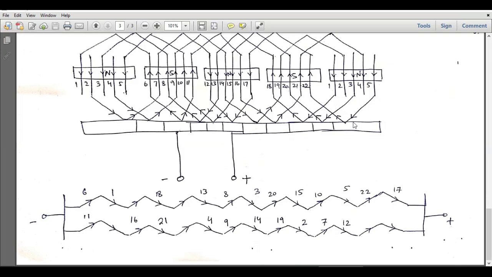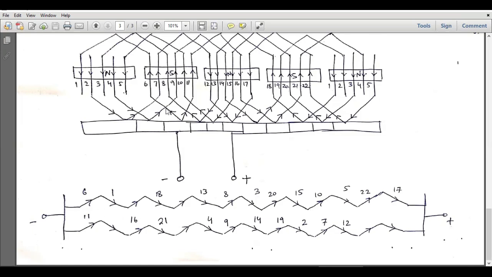Similarly, all these segments are also dummy segments, but only these are the two segments where we can see the net flow of current either into or out of the segment. So from negative to positive terminal, we can consider the number of parallel paths and we can check all the conductors and mark them over here.